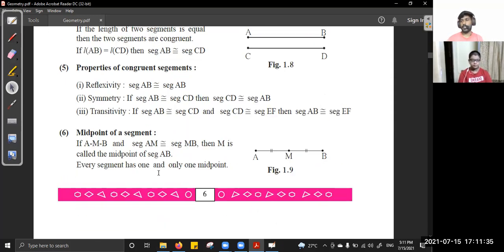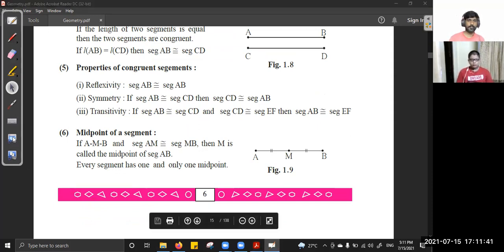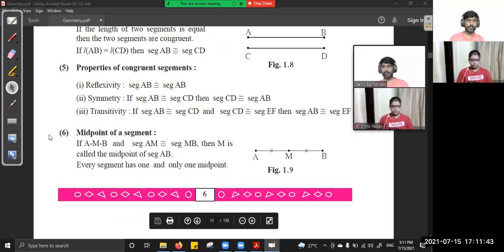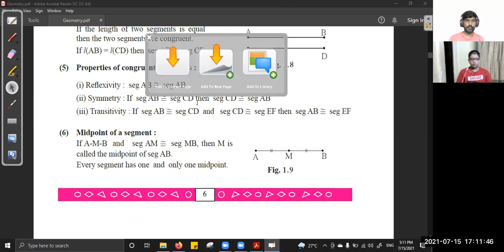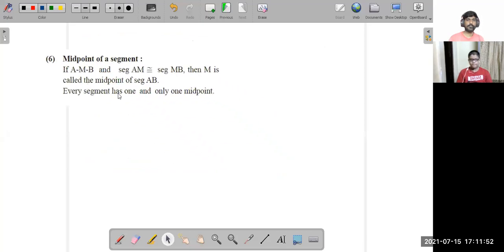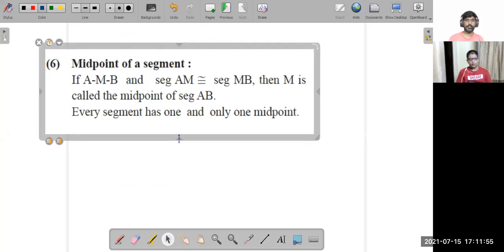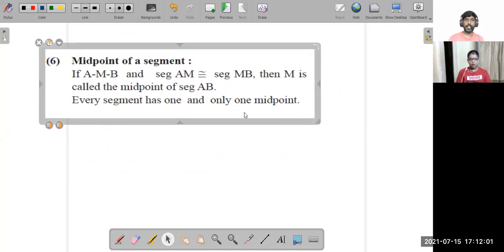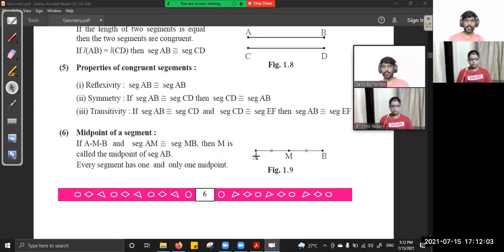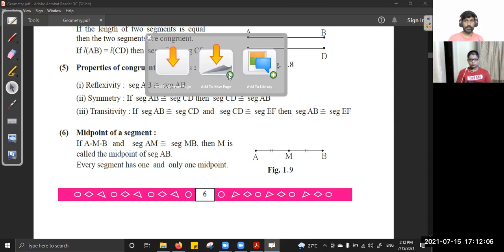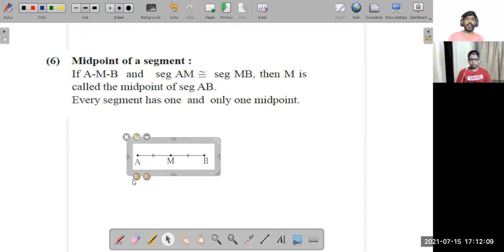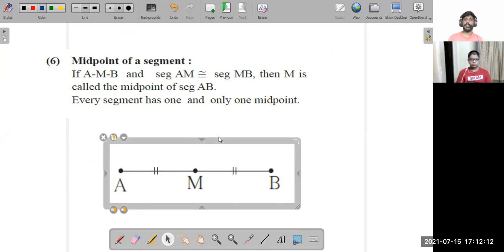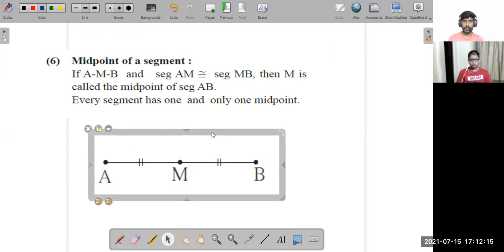Yes. Okay. So from there, the third one was remaining, that is the midpoint of a segment. So what midpoint says is, if you see in this figure, if point M is between A and B, okay, listen carefully.